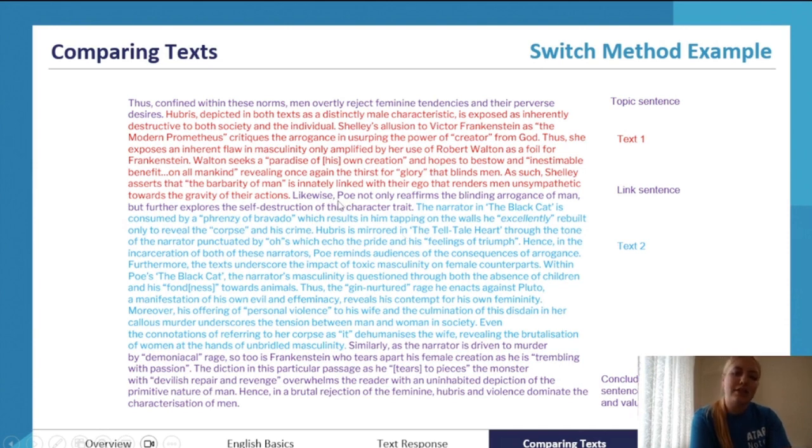So we've actually linked in a similarity in ideas, and we made it nuanced or complex by saying that there is a slight difference in that idea, because Poe explores self destruction of men even further and brings up different ideas, is what we're implying that we're going to analyze.